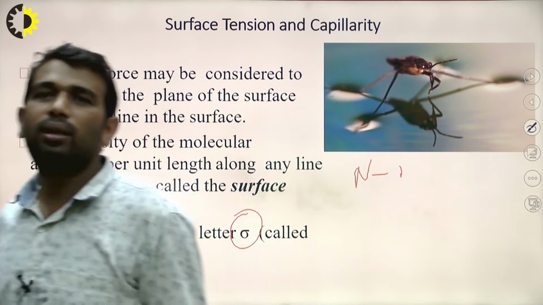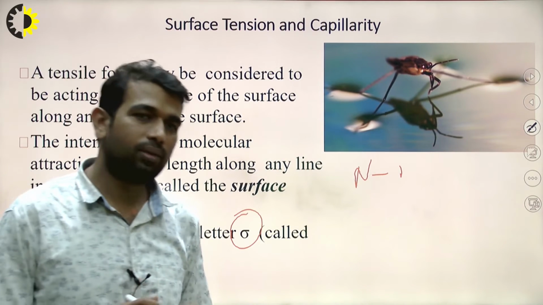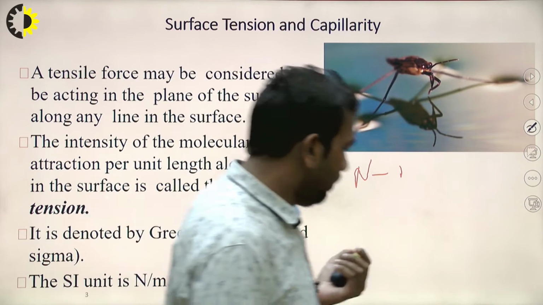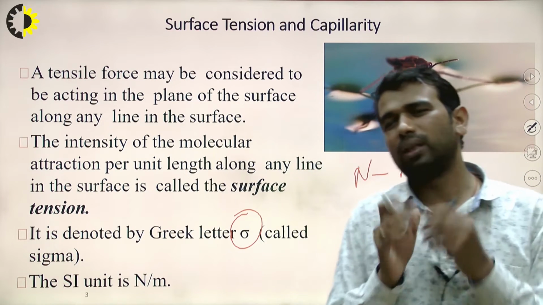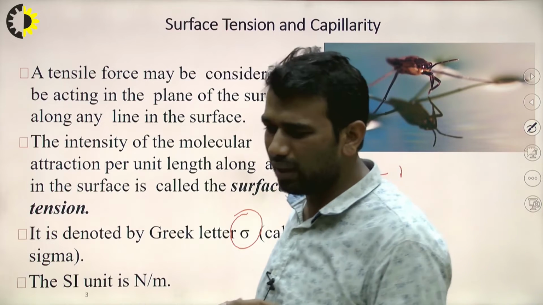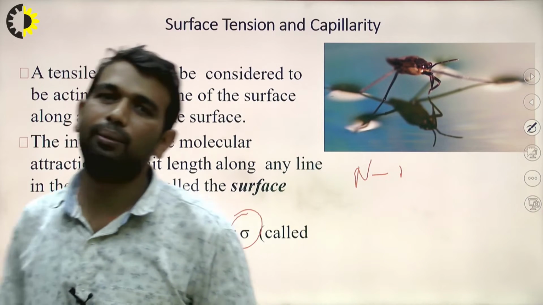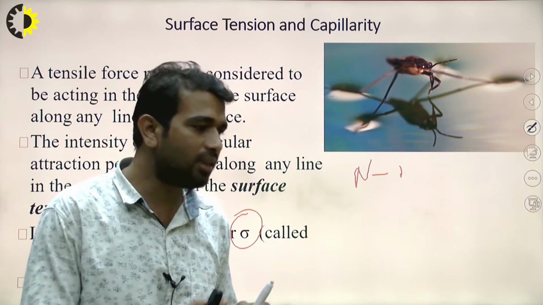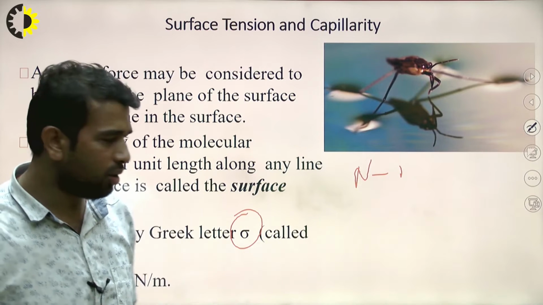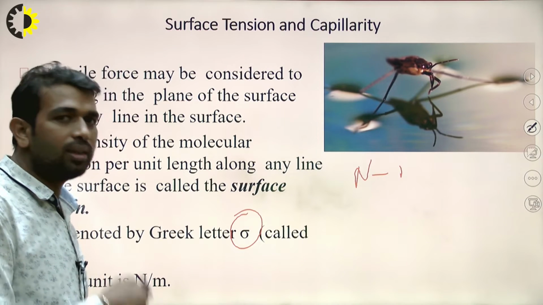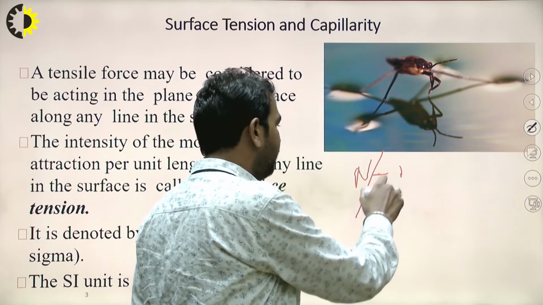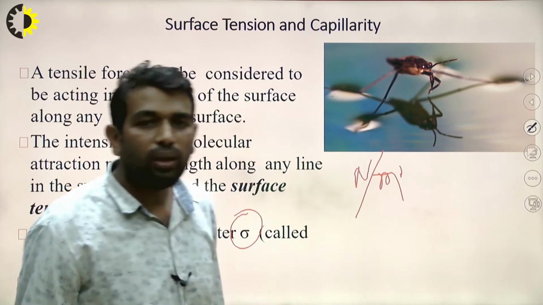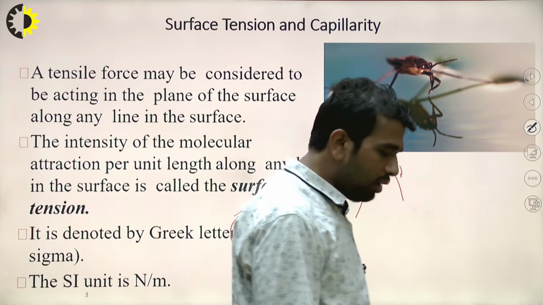Just try to understand the basics of surface tension. The magnitude of the surface tension force is very, very small, so we are not going to calculate it at a particular location. We choose at least a meter length, so that we have a considerable amount of force which we can quote. So the unit of surface tension is Newton per meter.